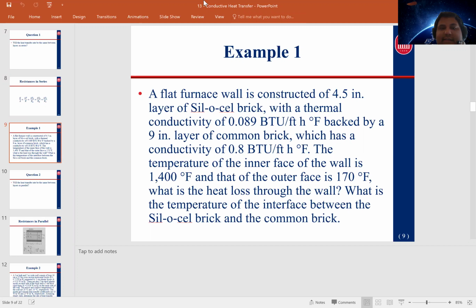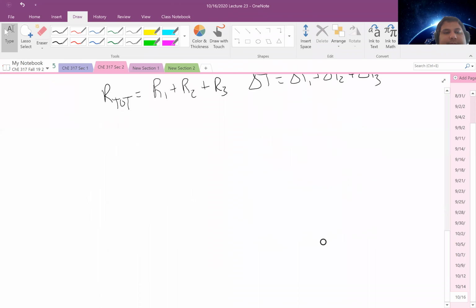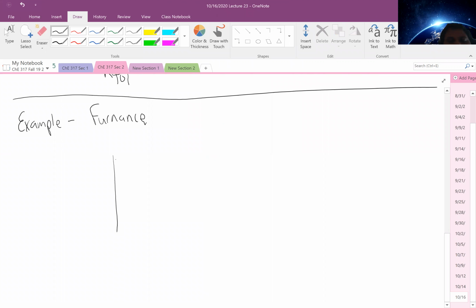So let's take a look at this example together. This is the furnace example. In this problem, it's a composite layer. I have silocell, and then I have common brick.